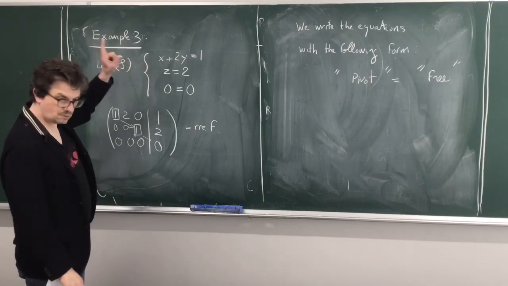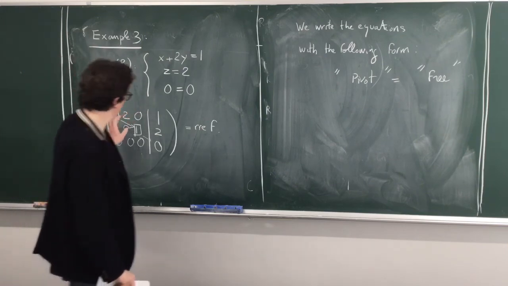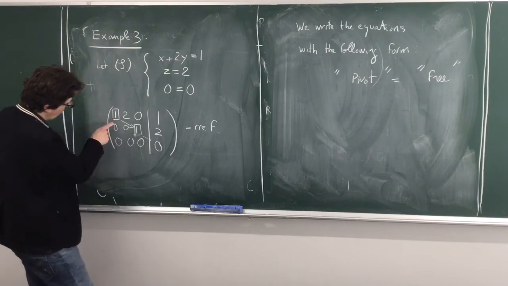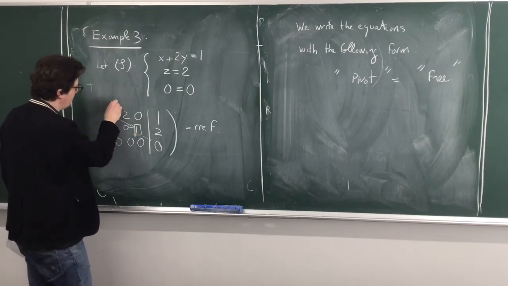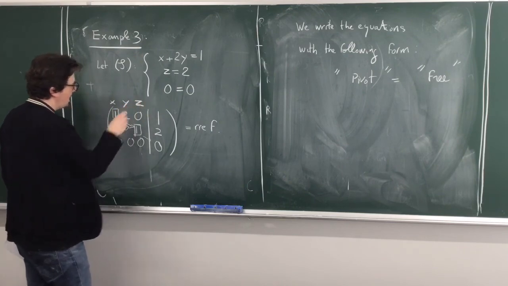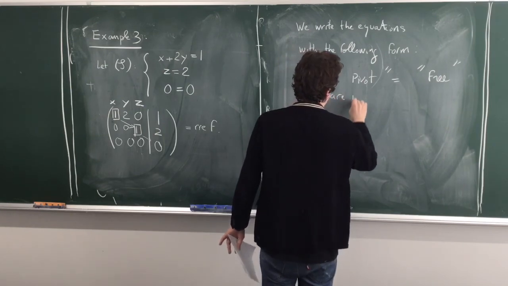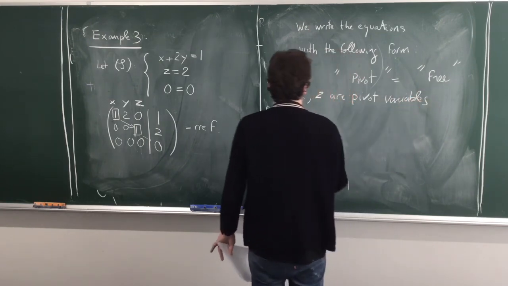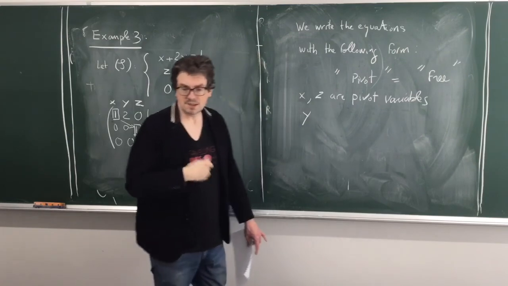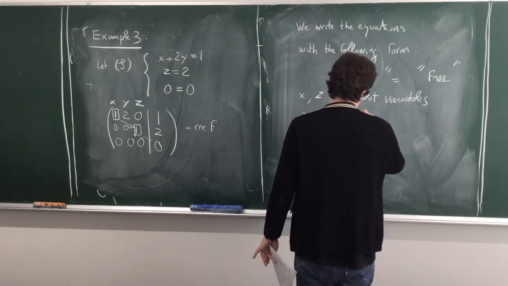First, let's determine which variables are free and which variables are pivotal. As you know, the pivot variables correspond to the columns where I have a pivot, so column 1 and column 3. Let's give a name to these variables: x, y, z. As you can see, x and z are pivot variables, and therefore everything that is non-pivot is a free variable. So y is a free variable.